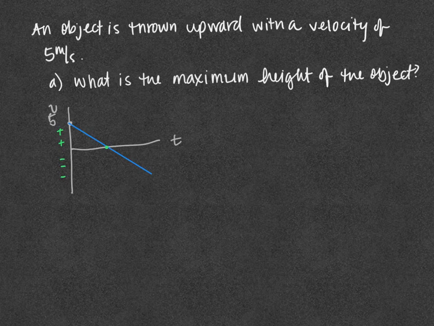So I know that the velocity initially is positive 5, because it was thrown upwards. I know that the velocity when it reaches the highest point will be 0 because it's going to stop and turn around and come back down. Our object's going to be thrown upwards and come up and come back down.